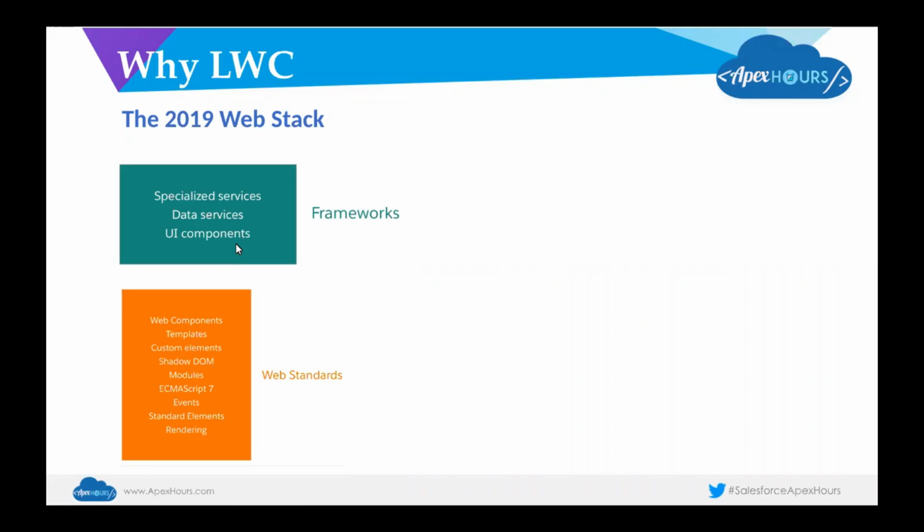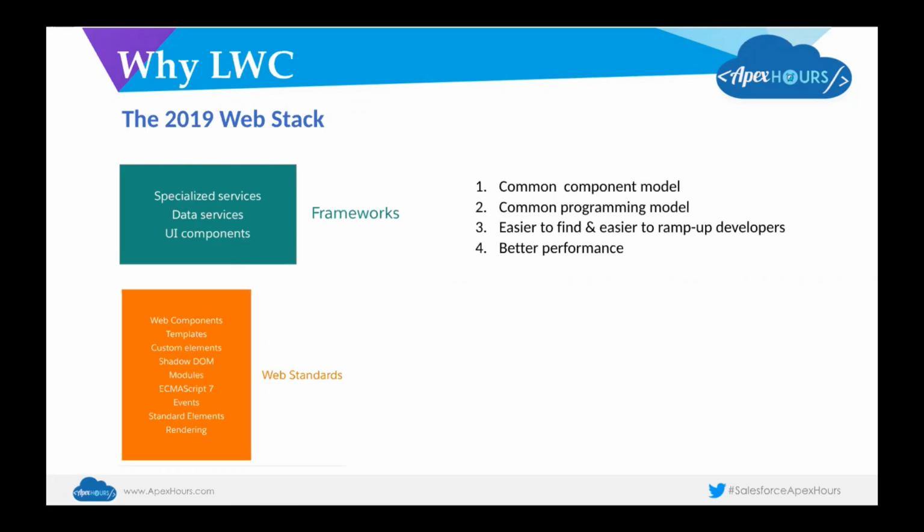Now in 2015, what we have got is a common component model. This is the modeling that we need to follow. We do not need to use extra libraries or go with other JavaScript frameworks. We have a common programming model. And nowadays, every single developer is very familiar with HTML and JavaScript programming. That means it is very easy to find and ramp up developers.